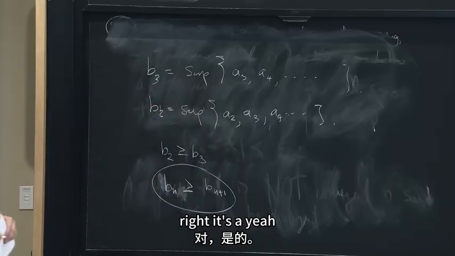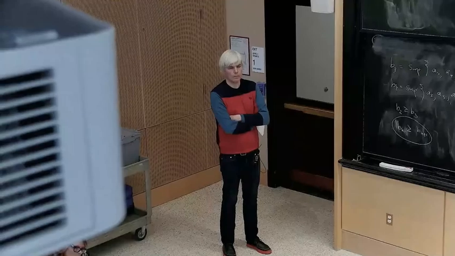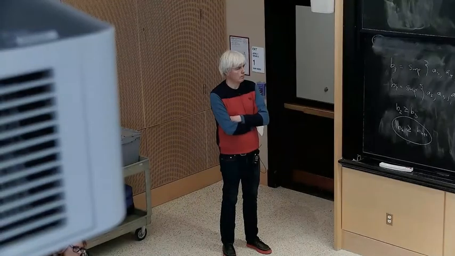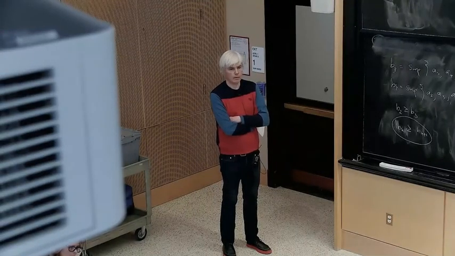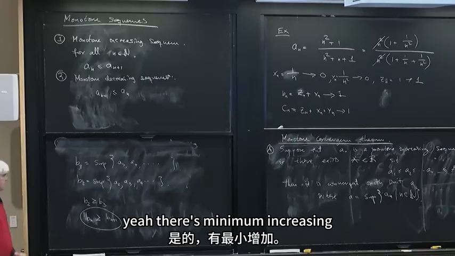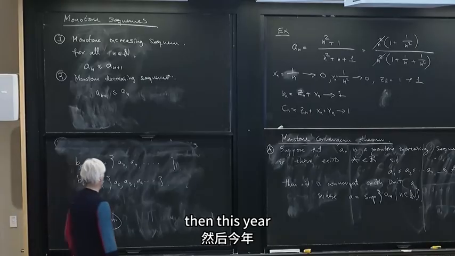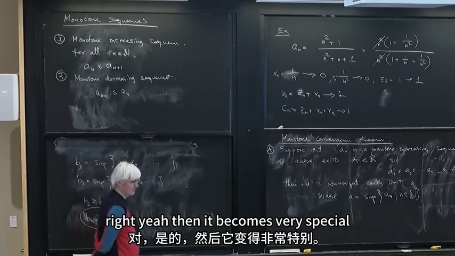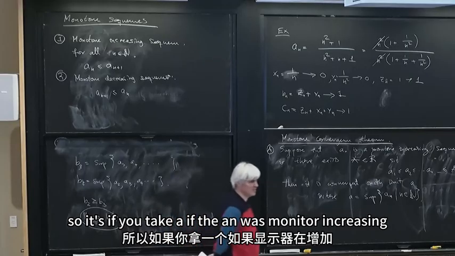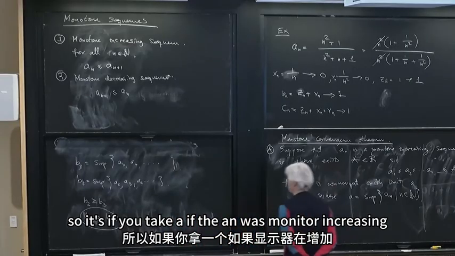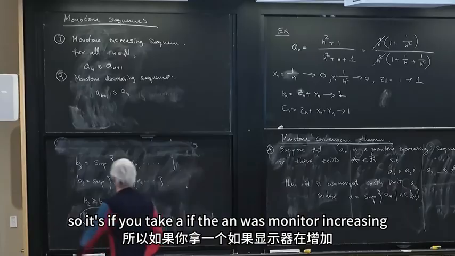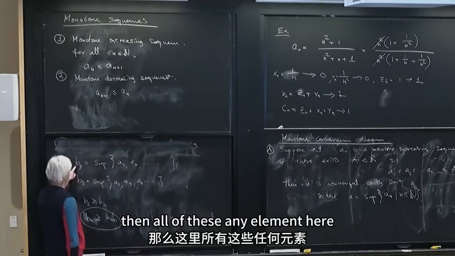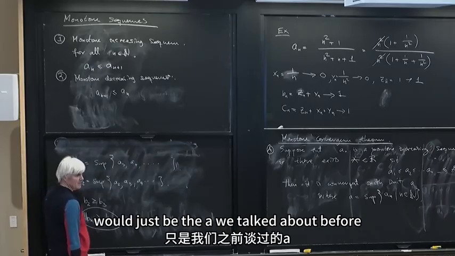The way that I was thinking about it is, if it's monotone increasing... Yeah, if it's monotone increasing, then it becomes very special. If the An was monotone increasing, then any element here would just be the A we talked about before.